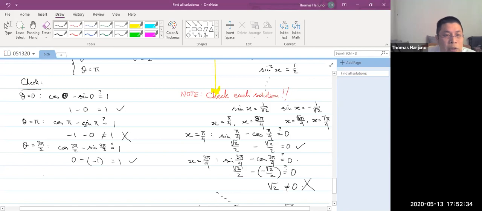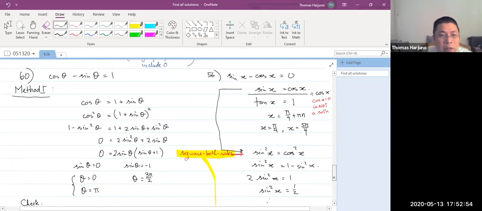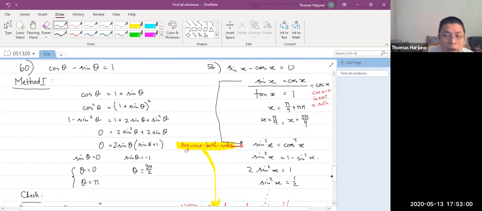So the solutions are theta equals 0 and theta equals 3 pi over 2. Okay, so the trouble here is you need to check the solution, because somewhere in between we square both sides. Now, I will show you the second method after the break.